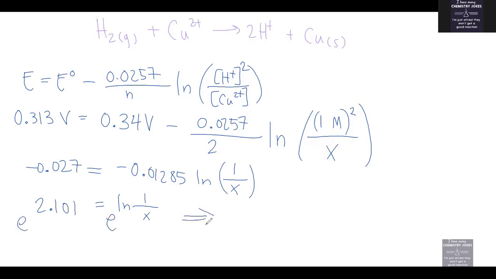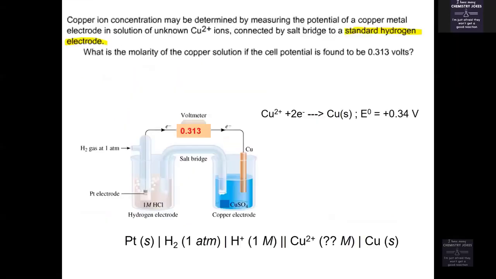I get 1 over X equals 8.18. So X equals 0.122 molar. If we go back to our original, we found our copper concentration to be 0.122 molar.